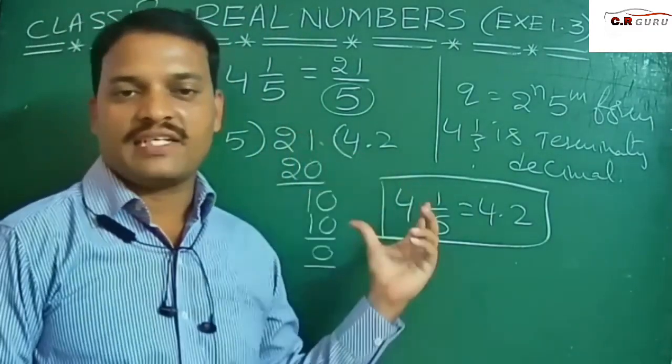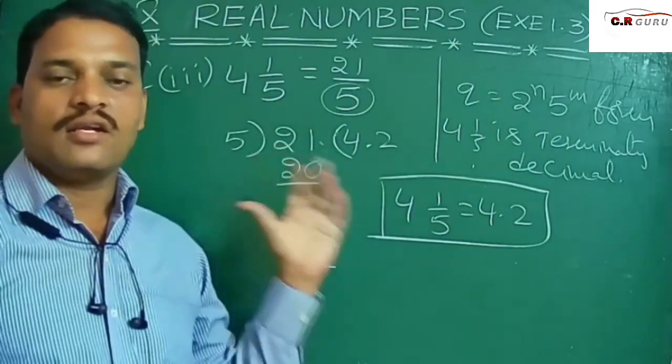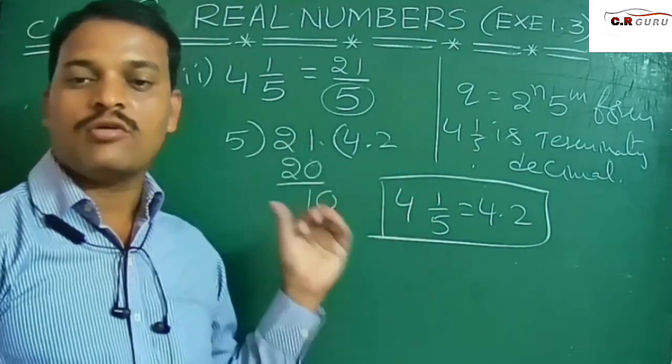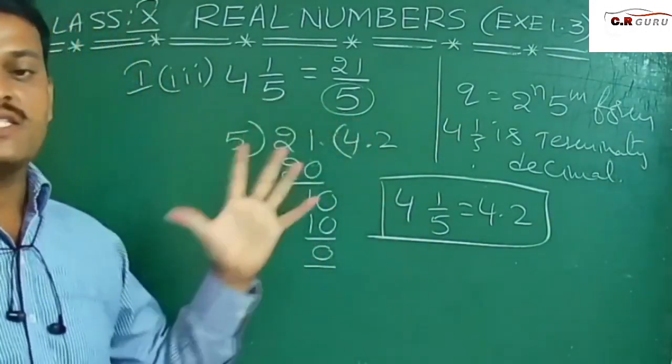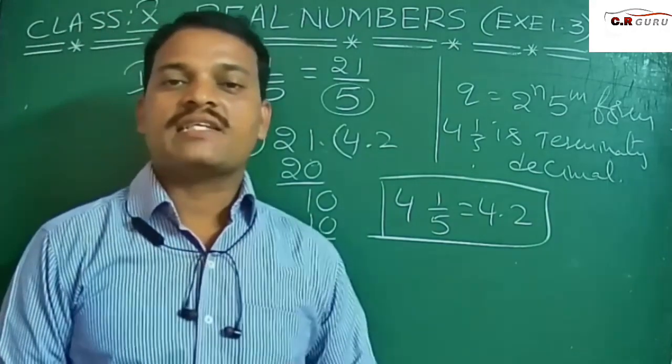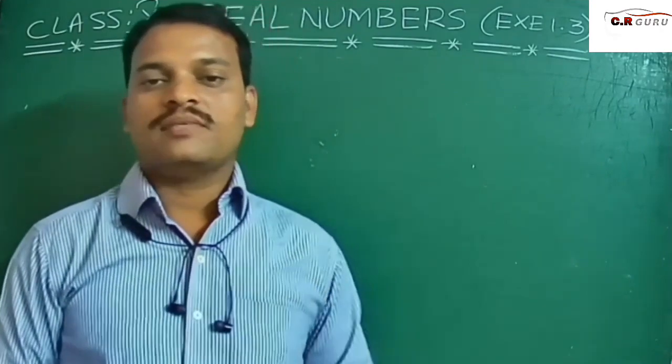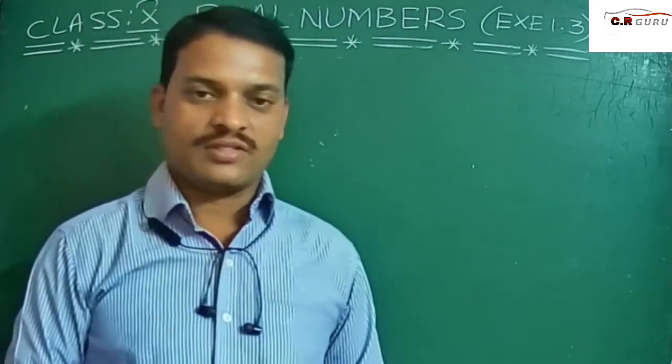Whether the given fractions are terminating or non-terminating decimals, you find out using this process. Next I am going to explain the second sum, and one more sum in the first problem.